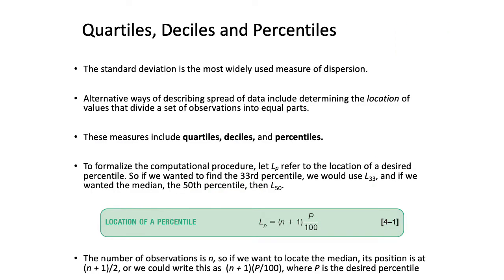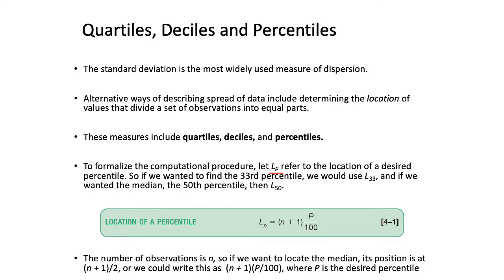Standard deviation is the most commonly used measure of dispersion. Alternative ways of describing the spread of data include determining the location of values that divide a data set into equal parts. These measures include quartiles, deciles, and percentiles. To formalize the computation procedure, let's refer to LP as the location of the desired percentile.